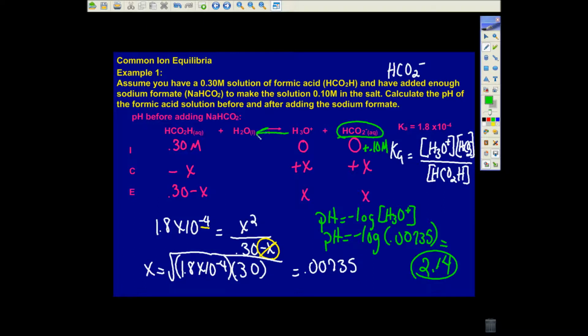It's going to drive it this way. And that means that this much of this hydronium ion is going to decrease. And if hydronium ion goes down, then the new pH should go up. And that's what we're going to figure out on the next slide.